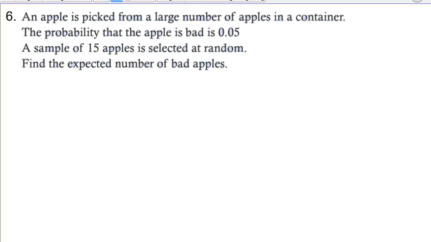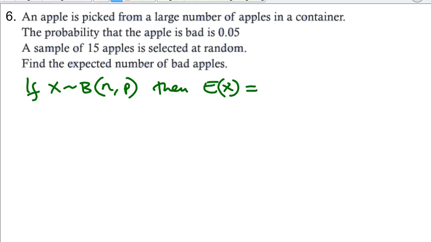Now remember what I said initially: if X follows a binomial distribution with parameters n and p, then the expected value is equal to n multiplied by p. So they're asking us to find the expected number of bad apples. Suppose X represents the number of bad apples.